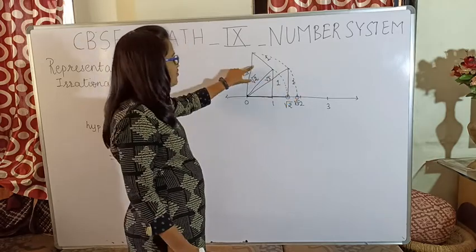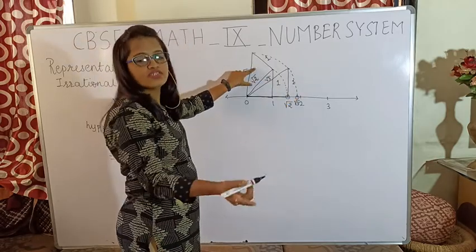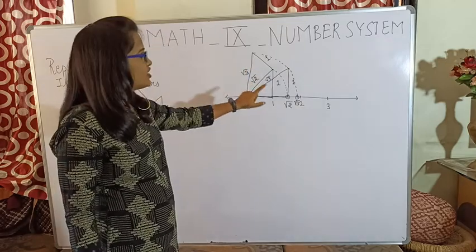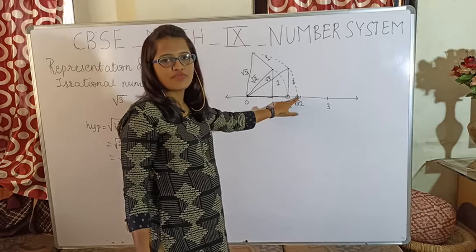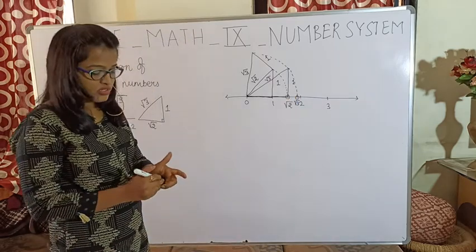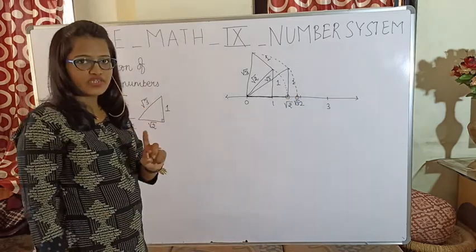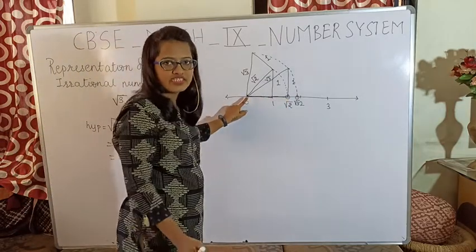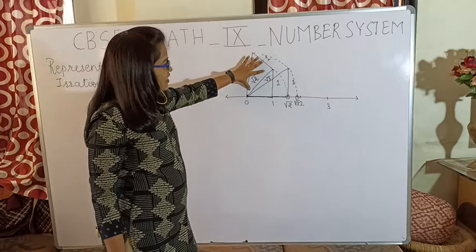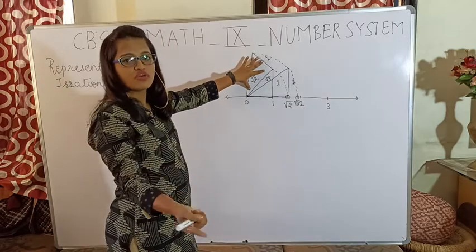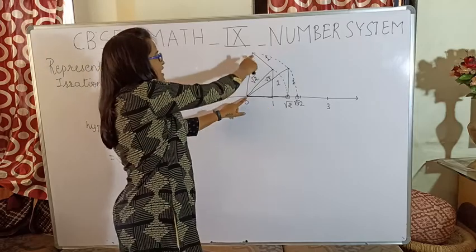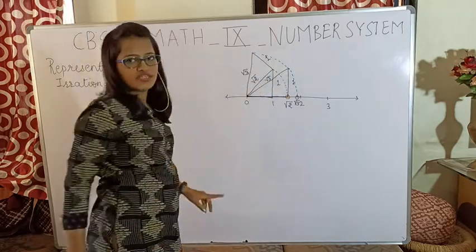It doesn't mean that if you are drawing the right angle triangle here, it will have a different location on the number line. No, both the points have to be intersecting on the same point. So you can represent it in two ways, either drawing the right angle triangle directly on the number line itself, or completing the right angle triangle you have drawn first for root 2 further, taking the distance and projecting it.